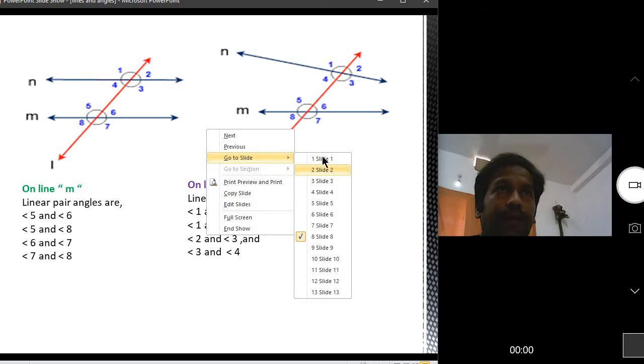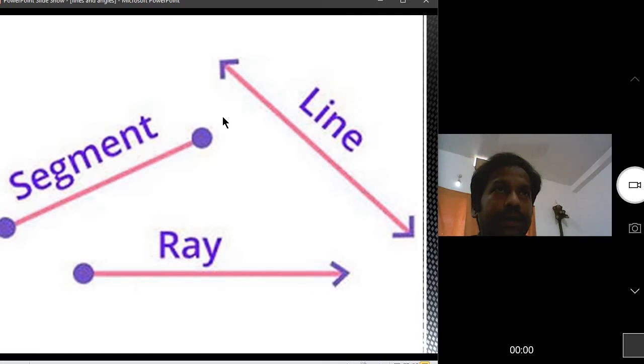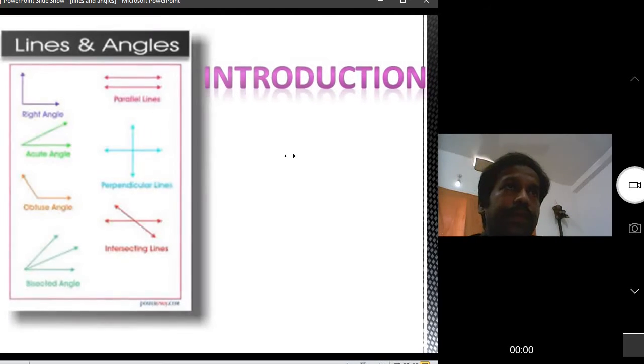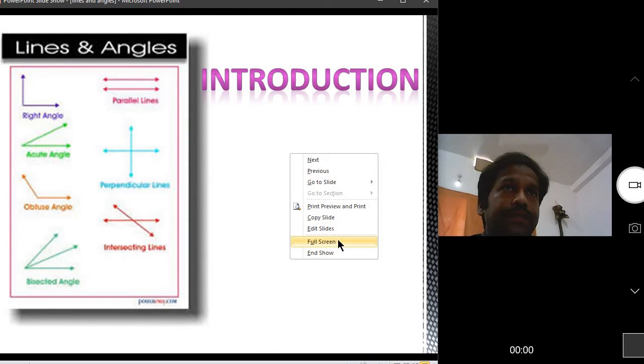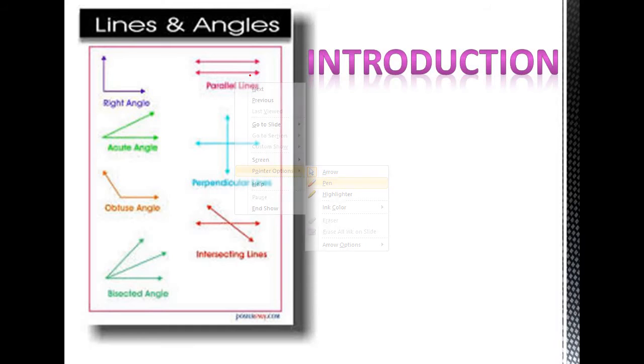In our slides we have seen what the parallel lines are. Parallel means the distance should be the same at each point. So here also the distance is the same at each point, so this is called your parallel line.